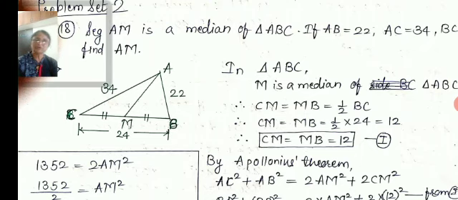M is the midpoint of side BC, so CM equals BM, which is half of BC. Half of 24 is 12, so CM and BM are equal to 12.